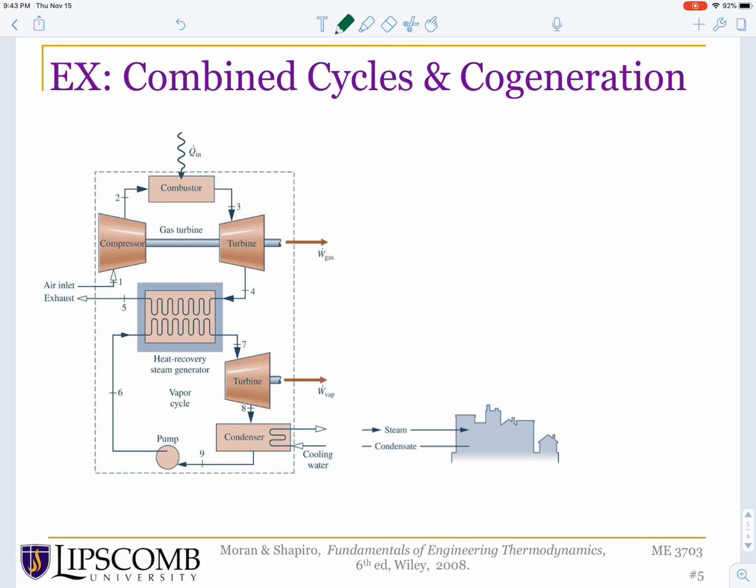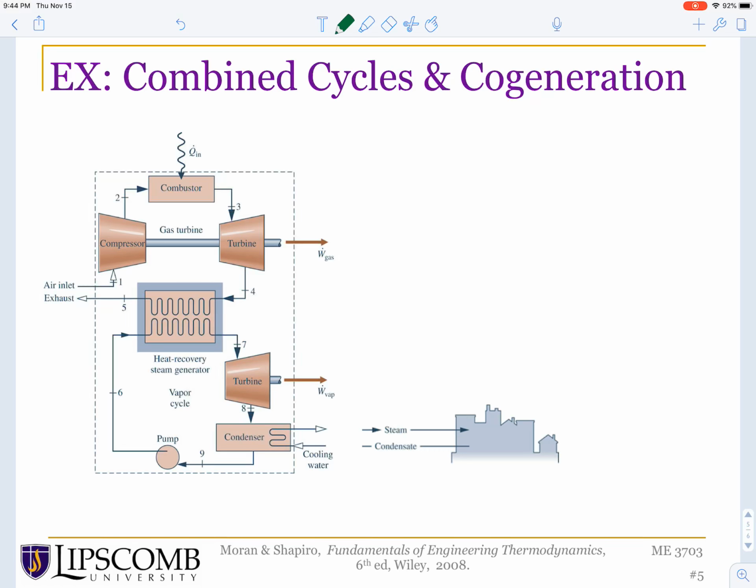I've got several real-world examples on the course website if you're interested to read some of those. I believe the record holder is by a company called Siemens out of Germany, and it utilizes, by combined cycle, we mean a Brayton gas cycle connected to a Rankine vapor power cycle.